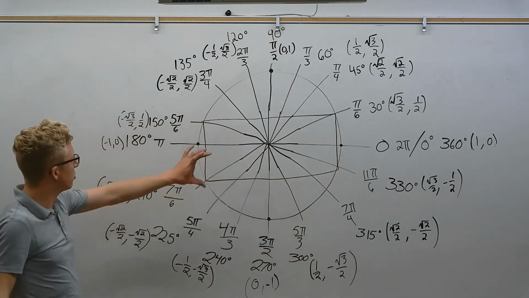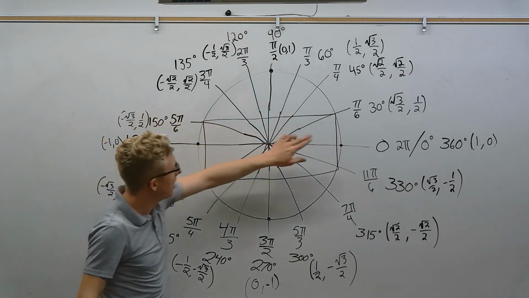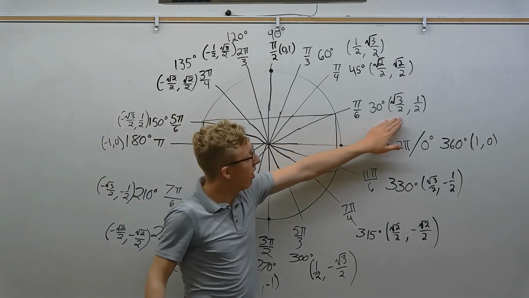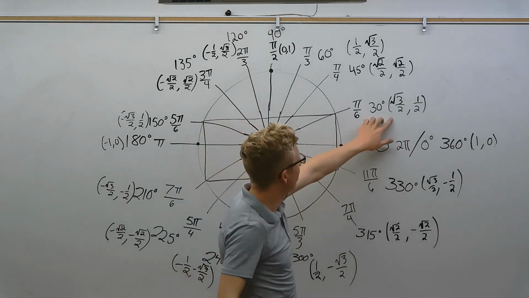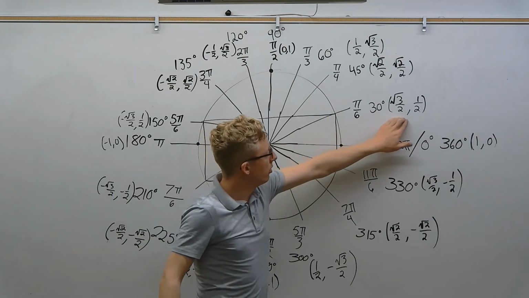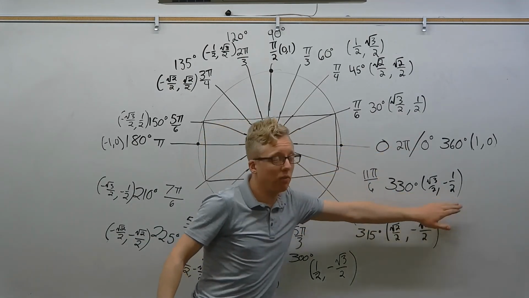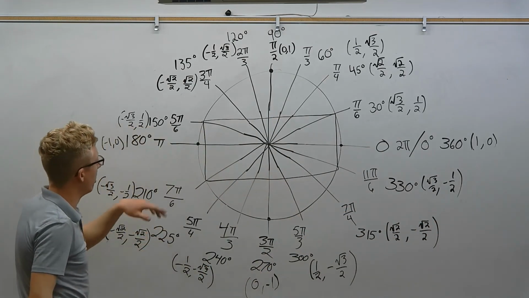This box, this rectangle, connects all of these coordinates. All of these ones that are either a positive or negative root 3 over 2, 1/2. See? Positive root 3 over 2, 1/2. Positive root 3 over 2, negative 1/2, and so on.